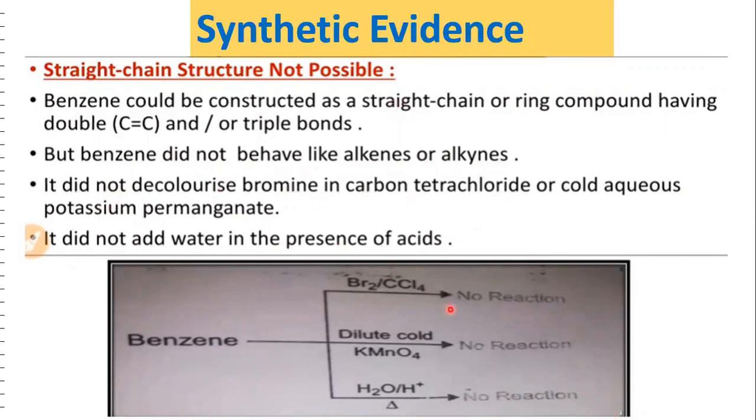So we can see these reactions: benzene along with bromine in the presence of carbon tetrachloride gave no reaction. Also, benzene with dilute cold KMnO4 gave no reaction, and it did not add water in the presence of acids. So water in the presence of H+, there was no reaction found.